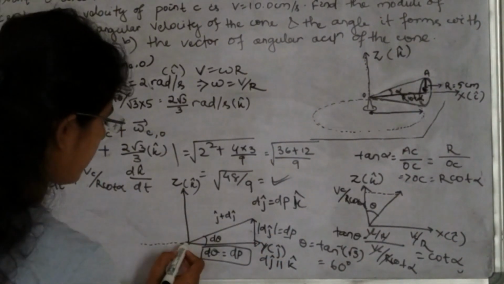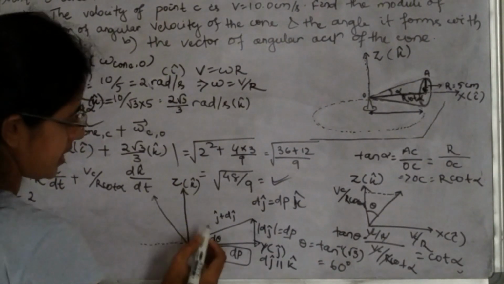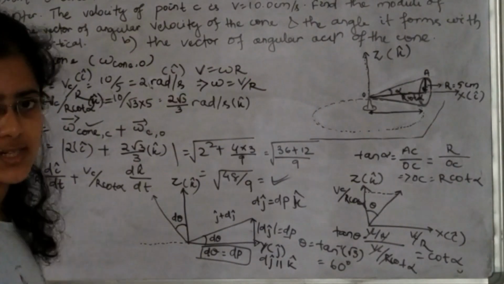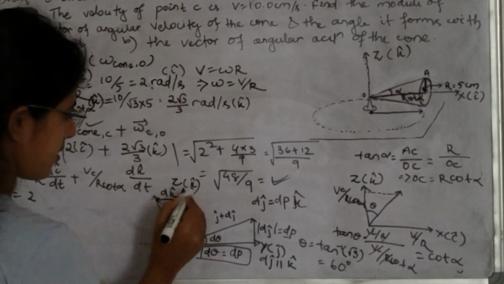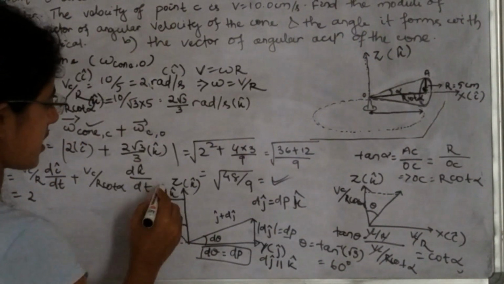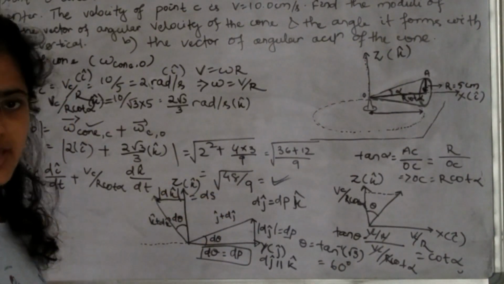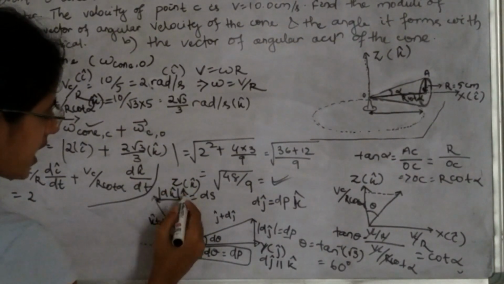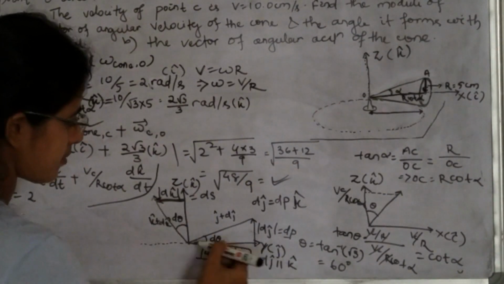Okay. Similarly, if you consider this z-axis, k cap direction, then in dt time, let us say this has also covered d theta angle. So this vector is how much? d k cap, because this is k cap and this is k cap plus d k cap. Let us say the magnitude of dk cap is ds, and it is directed along which direction? Negative of y.